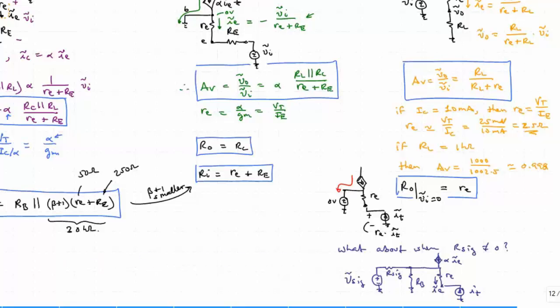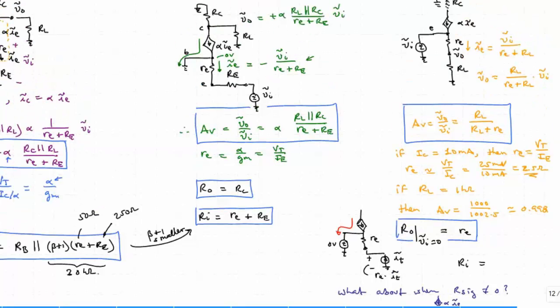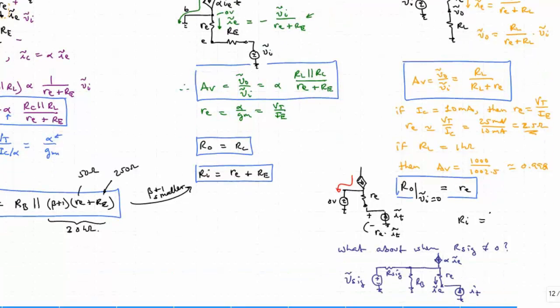We looked at the output resistance. What about RI? For RI, we're again going to look at VI divided by II, or IB. So VI divided by little IB, and this is going to be VI over IE divided by beta plus 1.